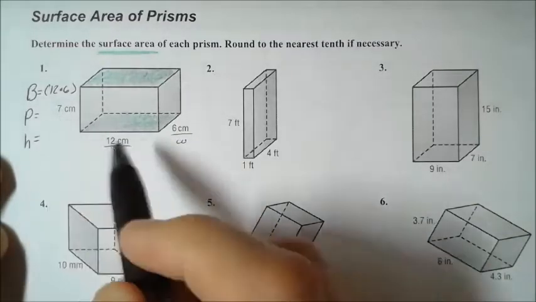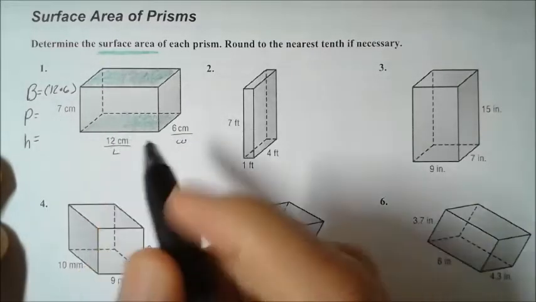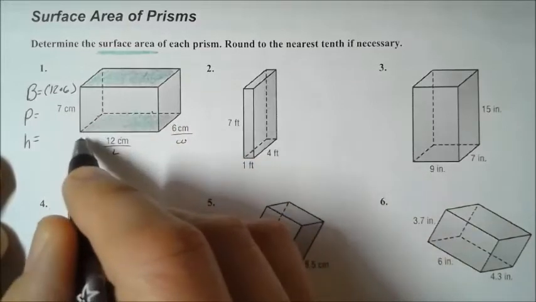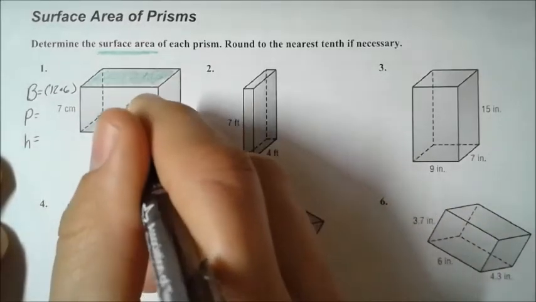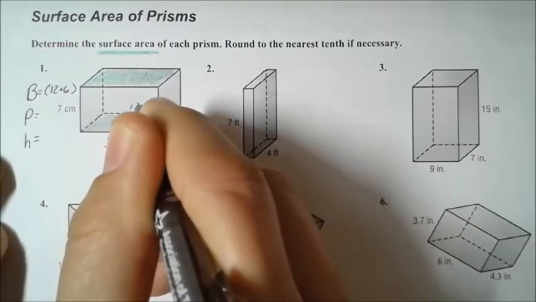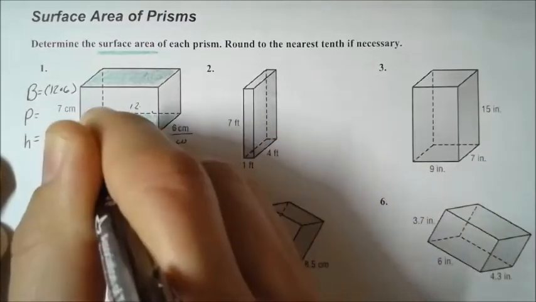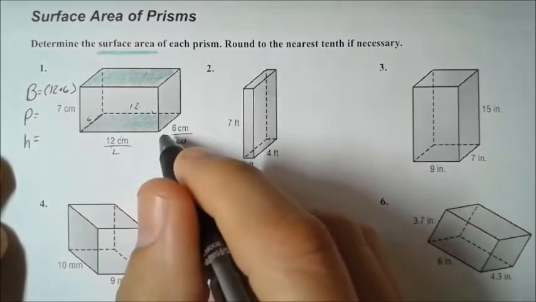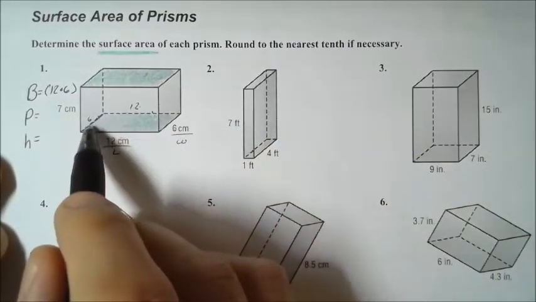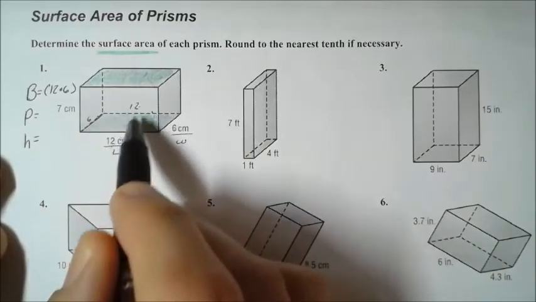Now I need the perimeter. Well, the perimeter is going to be all four sides. Imagine that you walked around this rectangle. So if there's 12 over here, this is 12 over here. And if this 6 is over here, then this bottom one right here is 6 as well. So the perimeter is going to be 6 plus 6 plus 12 plus 12.